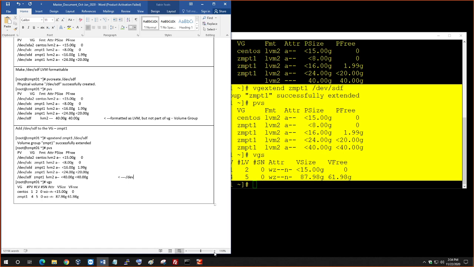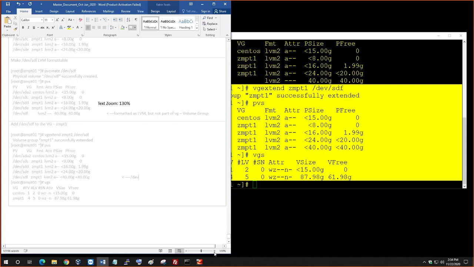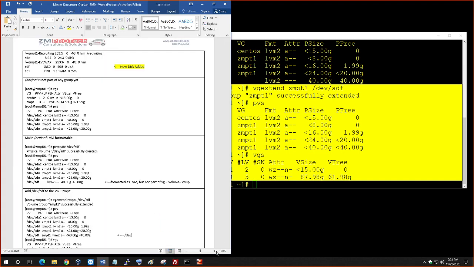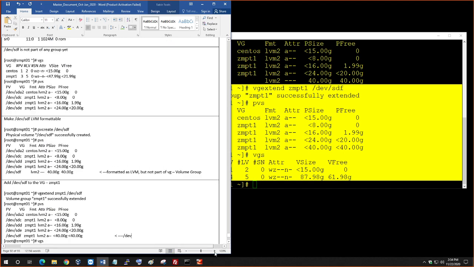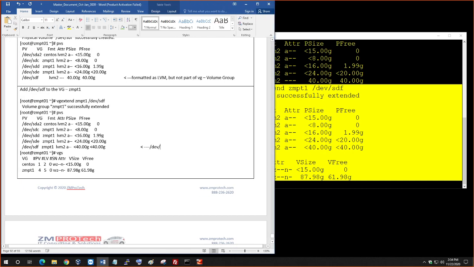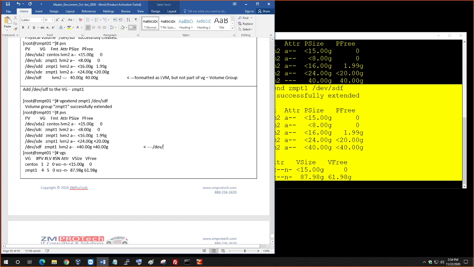Let me make it bigger here. So /dev/SDF is part of ZMPT1 now. Okay.